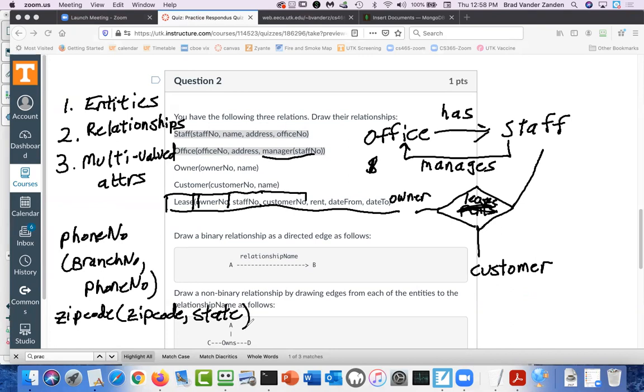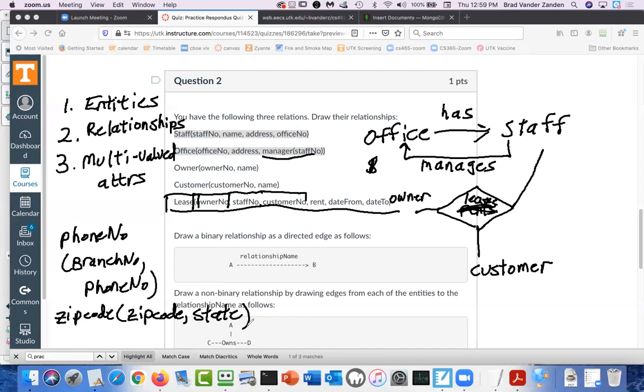It's more or less an attribute. I'm not going to ask you to classify zip code that way. I'm just telling you that there are three types of relations. You can't assume that when something is a relation it's automatically an entity.